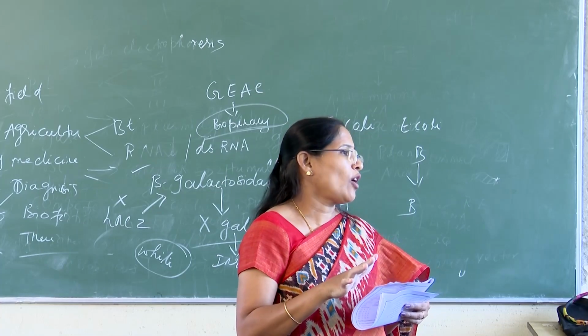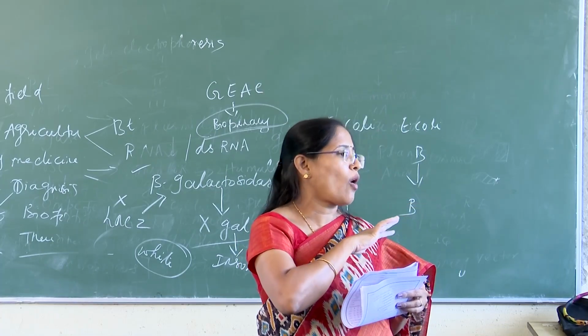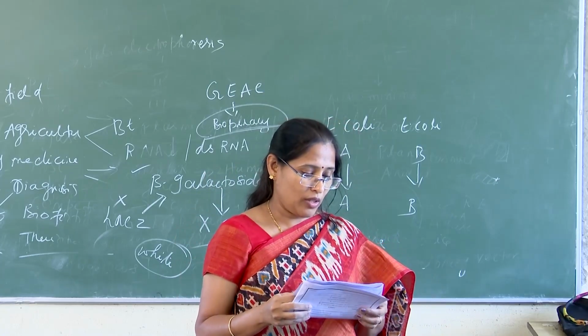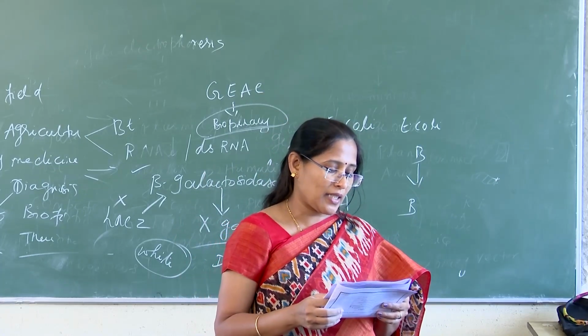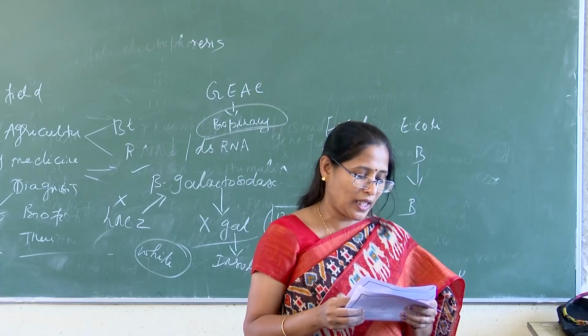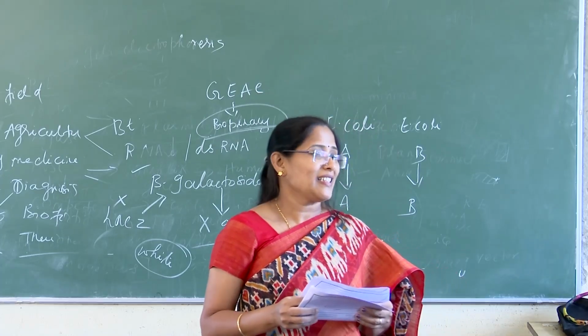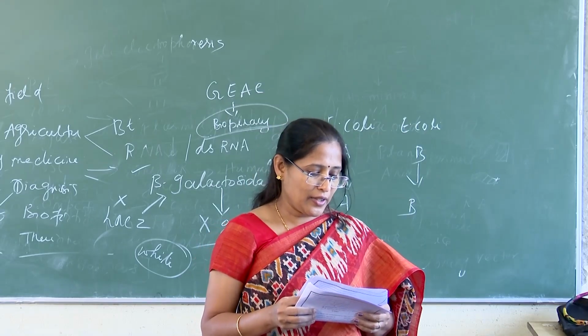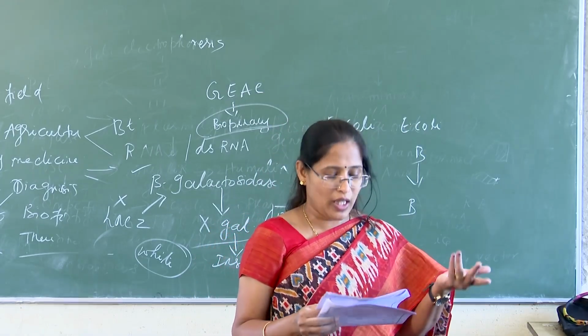But my cut need not be at that point only, because all vectors will not have the same sequence. So that is wrong. Next, exonucleases make cut at specific positions within the DNA. No. The wrong is exonucleases. Next, HindII was the first restriction endonuclease. Right.